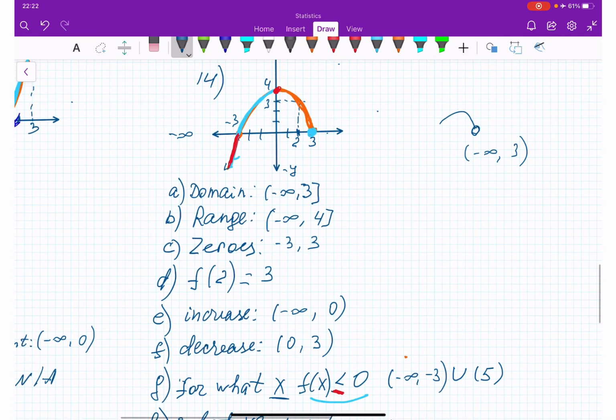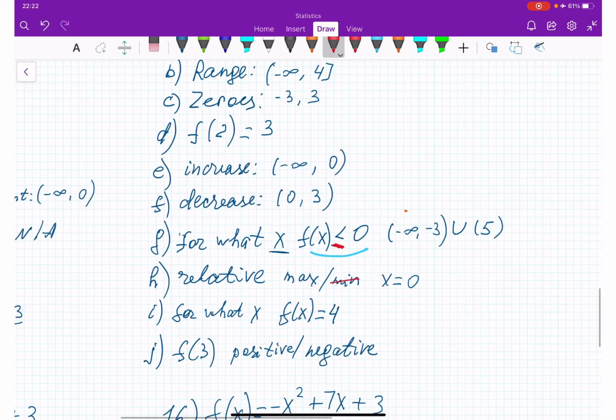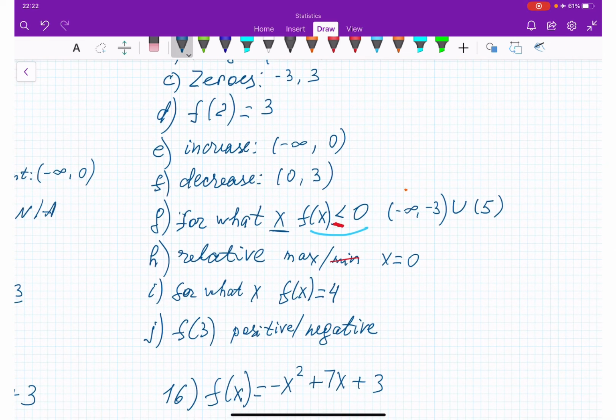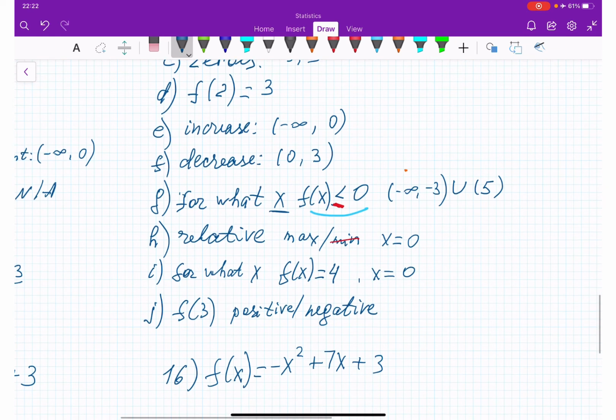It's right here. How much is our x there? 0. So we put x is equal 0. Okay. What else do we have?